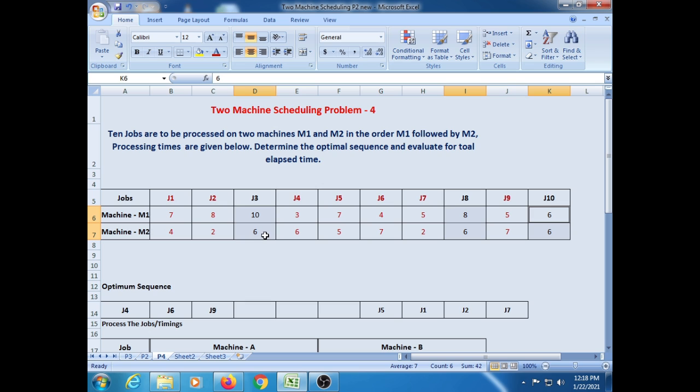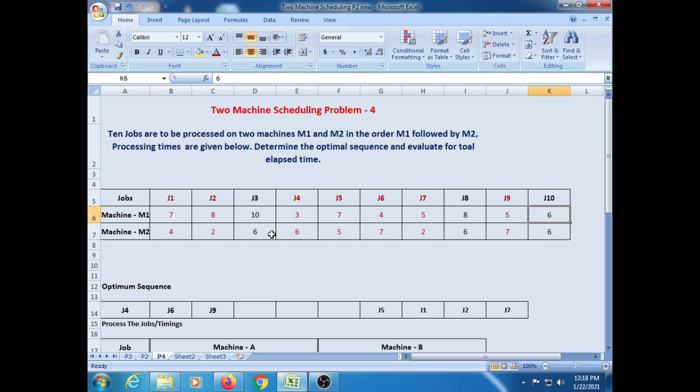So here we have to take the corresponding values. Which job do we have to take now? Job 3 or job 8 or job 10. Which job do we have to place first? We have 6 here, and here also we have the same processing times.